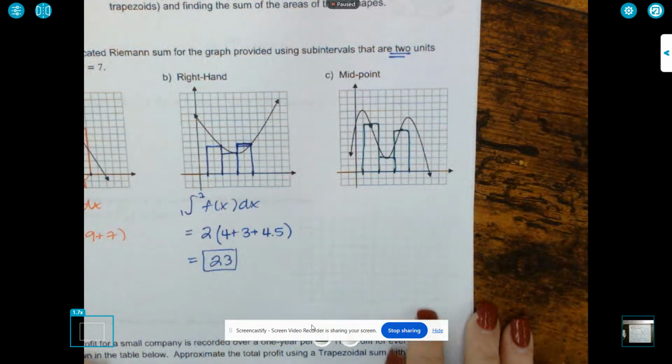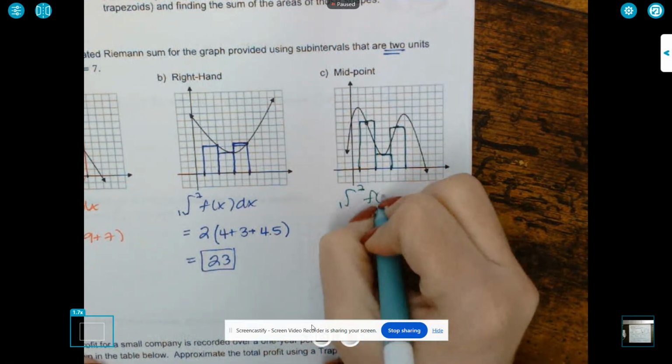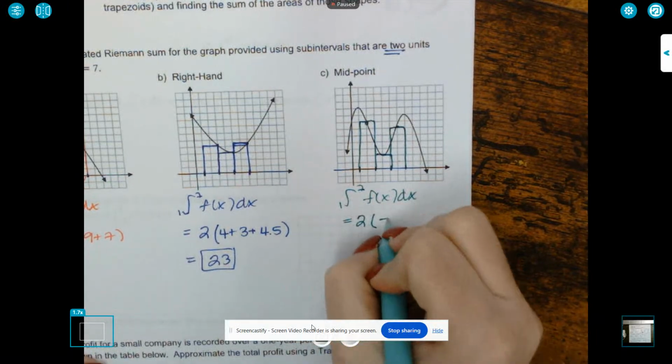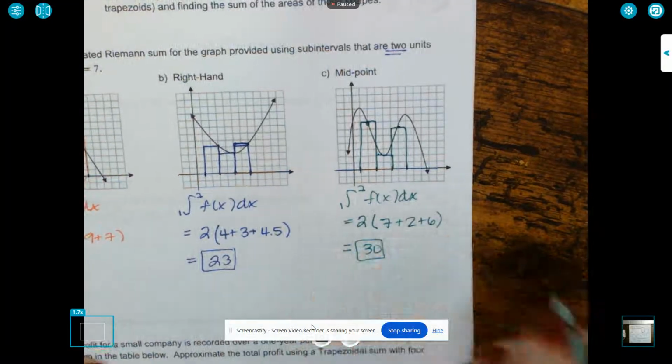We're just estimating here, so I'm not going to be super picky. So we're going from 1 to 7, f of x dx, with a width of 2, and we'll say 7 plus 2 plus 6 is going to give me about 30.